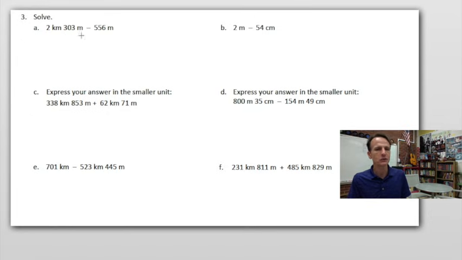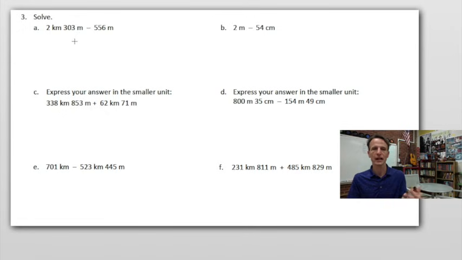So now, in order to add and subtract in all of these, we have to be talking about the same thing. So like in this first one, our instructions are solve, where we have 2 kilometers, 303 meters, minus 556 meters. Well, that's a little tricky to do as it's written. So what I'd like to do is convert this kilometers and meters to just straight meters.